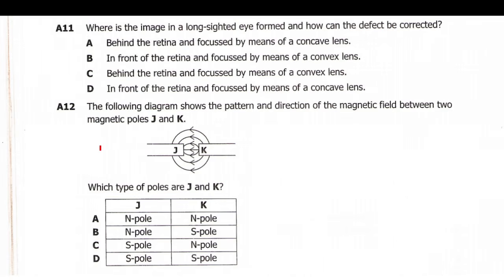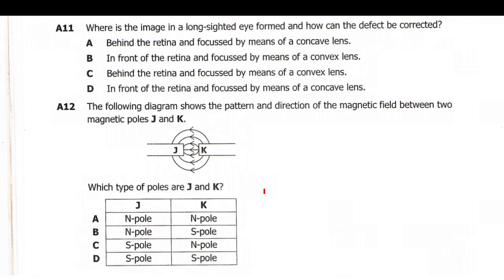So here they are talking about those people that have got problems with the eyes. Some people are short-sighted and some other people are long-sighted. So the people that are long-sighted, like this one, can't see things at a long distance.